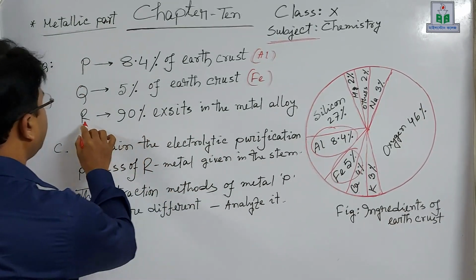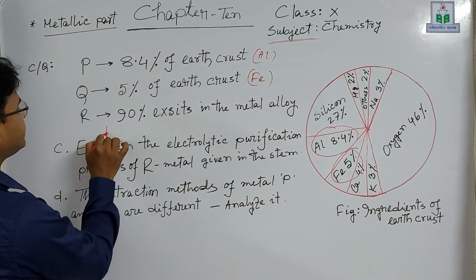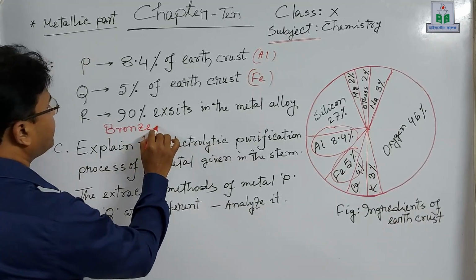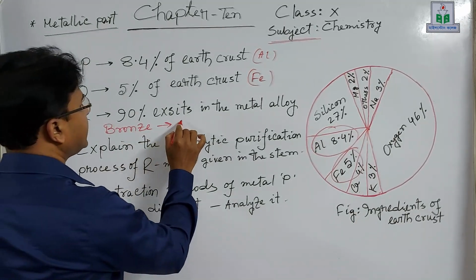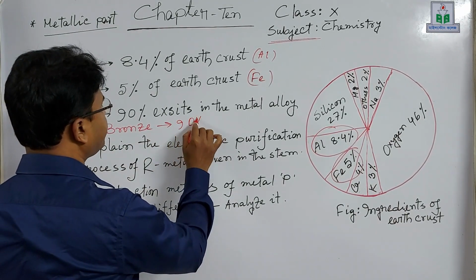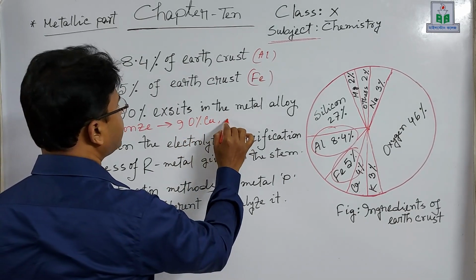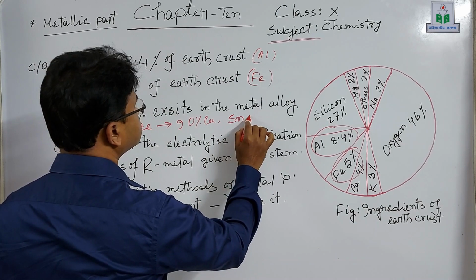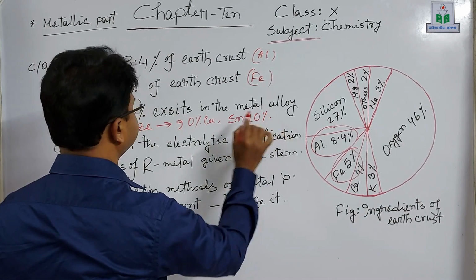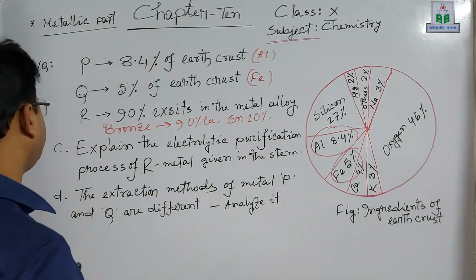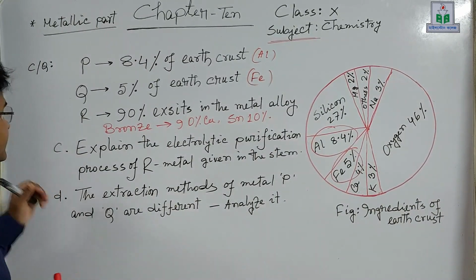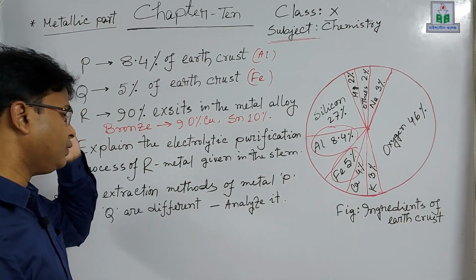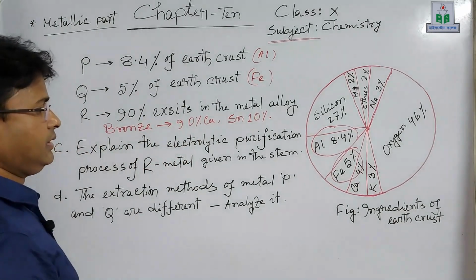So R indicates bronze, and bronze contains 90% copper and 10% stannous, I mean 10% tin. Okay, so my question on C is the purification of impure copper.